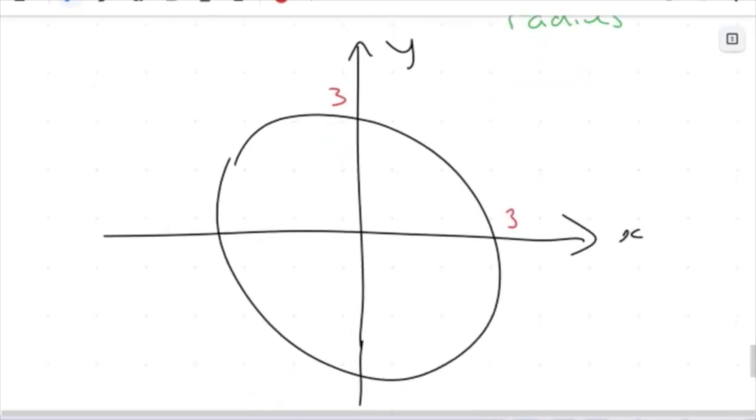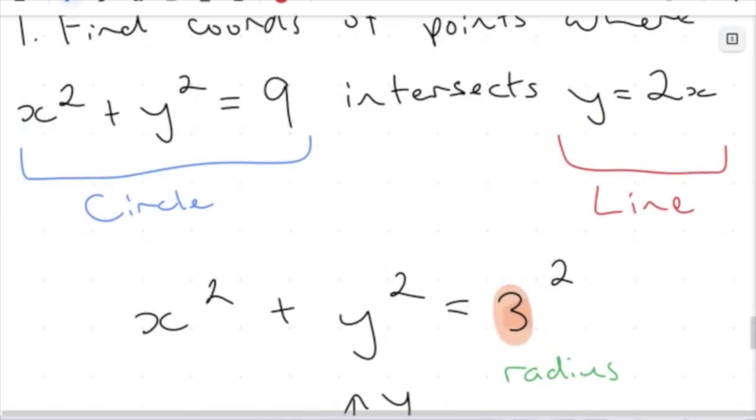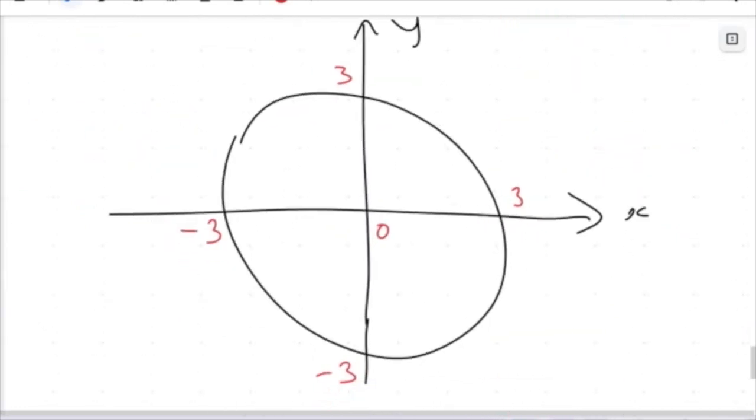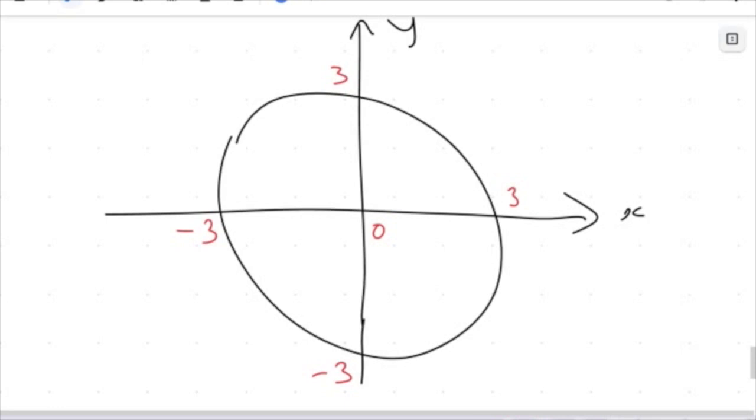Now 3 units to the left of 0 on the x-axis is going to give you minus 3. In the same way, 3 units underneath 0 on the negative y-axis is going to give me negative 3. And I have some line of y equals 2x. So just drawing a random line in, y equals 2x, it's going to pass through the center, and it's going to look something like this.